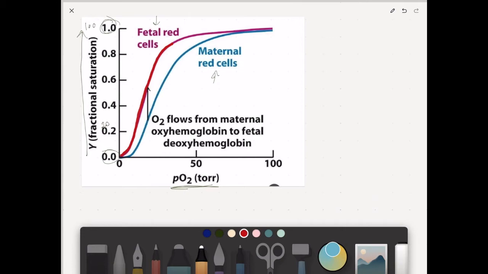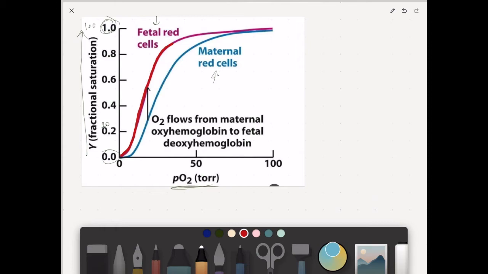And this is extremely important because the fetus isn't breathing, right? There's no oxygen going into the fetus's lungs being inside the uterus. So what has to happen is the maternal blood has to go in and mix with the fetal blood.